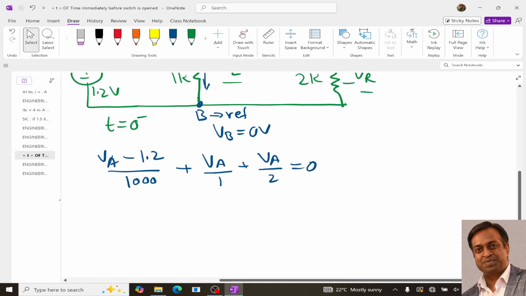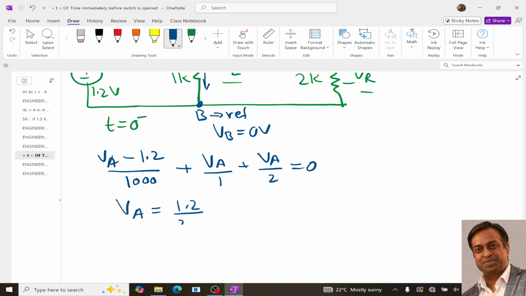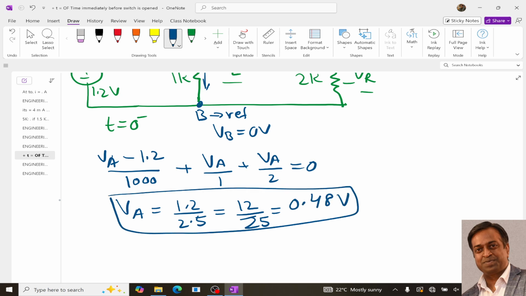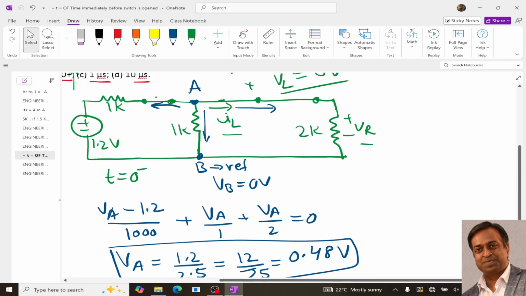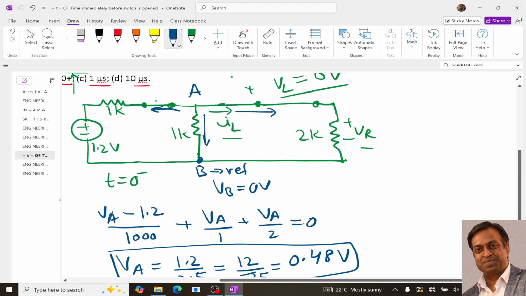If you solve this, then at the end you will get VA as 1.2 upon 2.5, or simply 12 upon 25, or we can say it is 0.48 volt. Now if this node voltage is 0.48, then easily we can determine this IL. How?